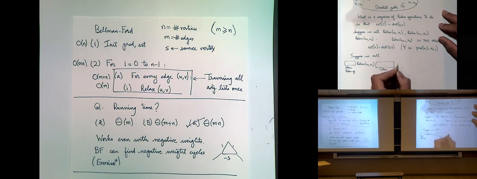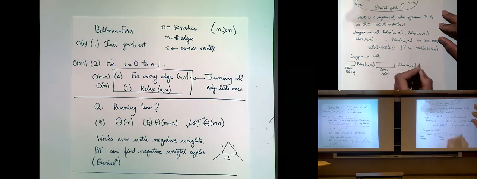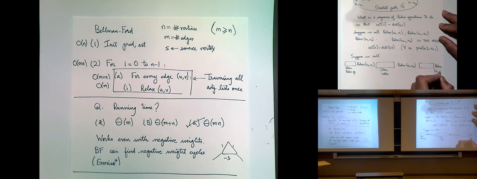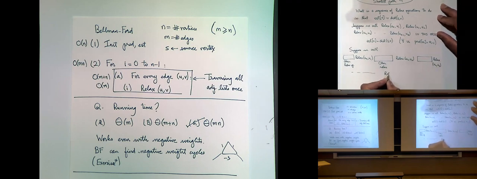I don't care what you do over there, and then you call u1, u2, and then you do a bunch of others, and then you do relax u2, u3, and so on and so forth, until at some point you're going to do relax of uk minus 1, uk, and you did a bunch of others. Does this make sense? This would also work.